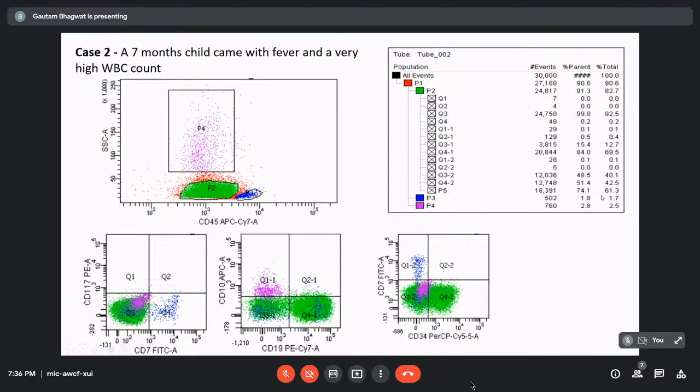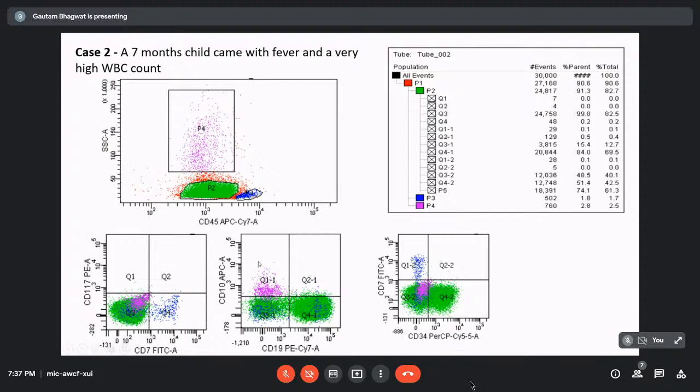So if I see that the percent of the parent population is 20% and above, I would call that marker positive. And for the cytoplasmic, the criterion is 10%. So sometimes we use this again to see whether the percentages are beyond the cutoff criteria to call something positive or negative.